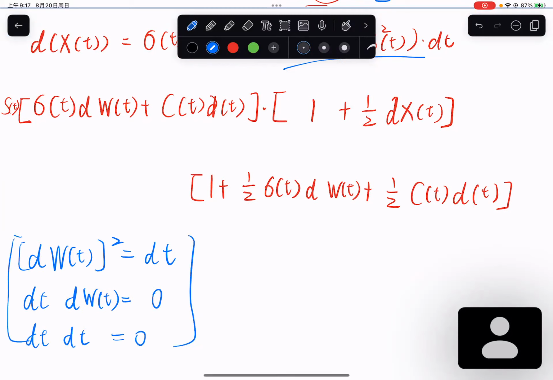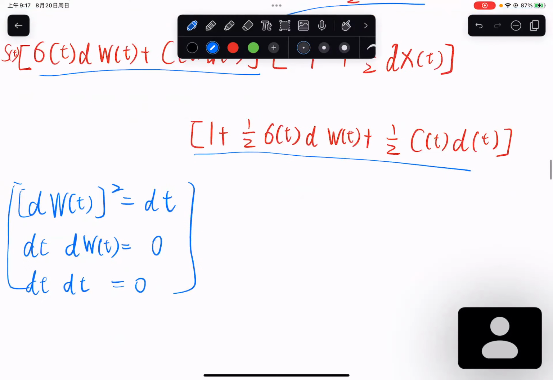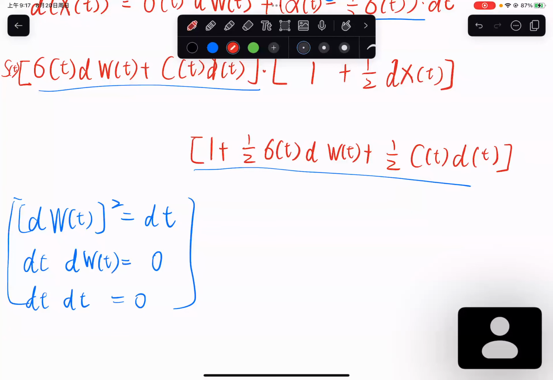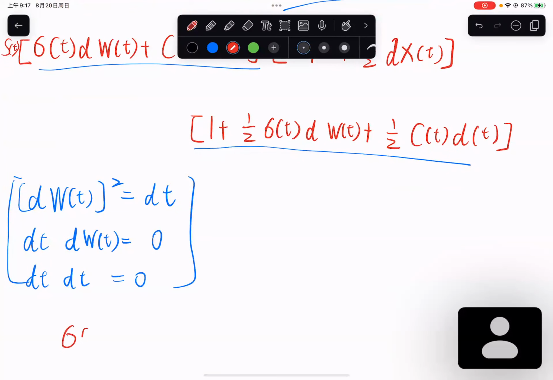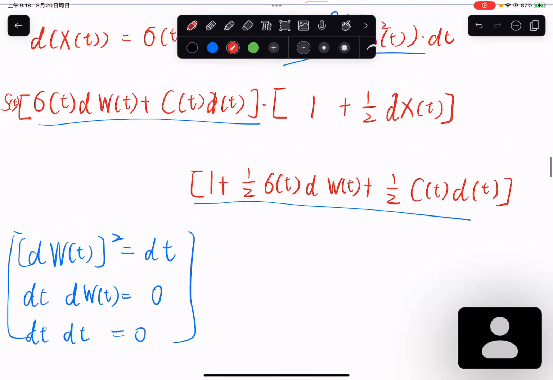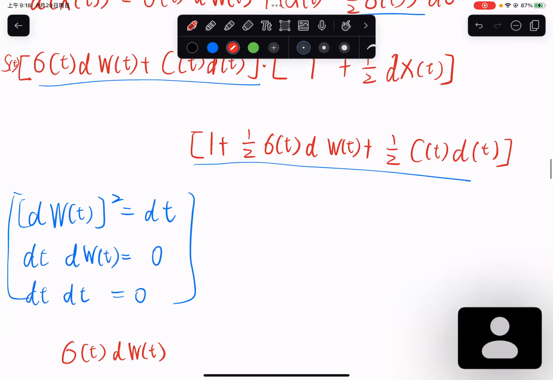And by combining these three back to this part and this part, when we take the multiple, we can find what is going to be left. We are going to have the first item, 1 sigma t dWt, because it is multiplied by 1, right? And it is also kept for the second part, which is ct dt.